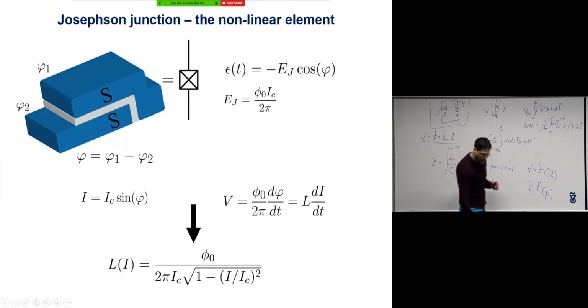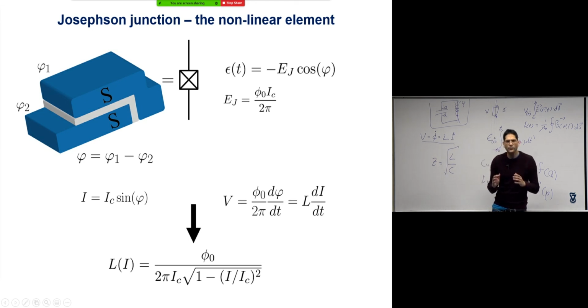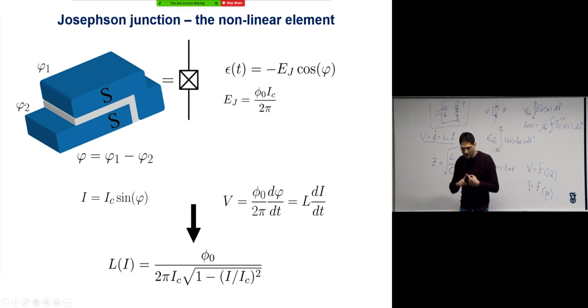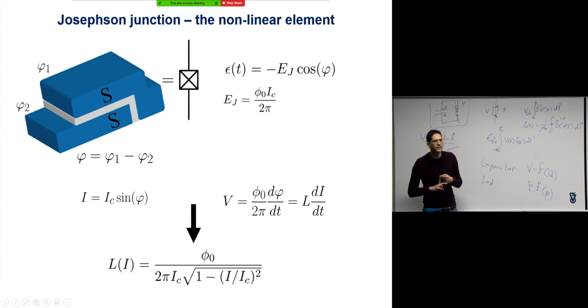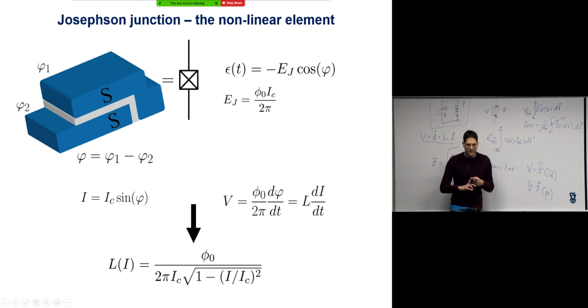So this goes back to, remember, we're using superconductors, one, so we have no dissipation, but the second reason is that you can create this thing called a Josephson junction, and it gives a circuit element, this E over here, which has an energy of a cosine.